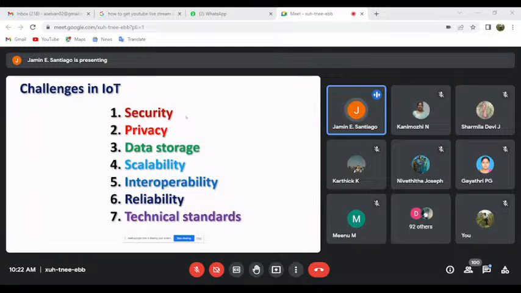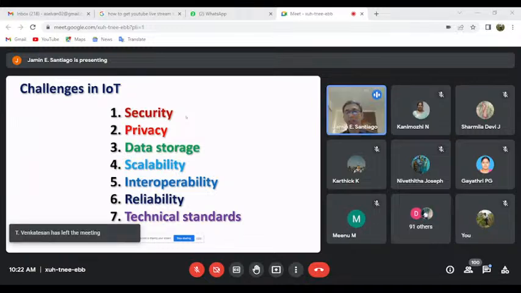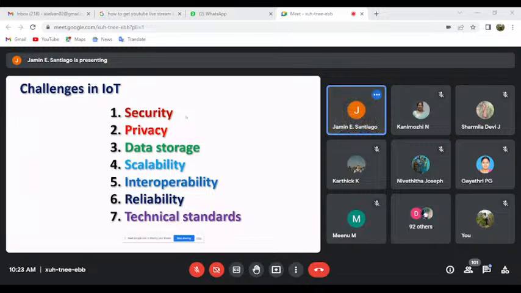Because if it can be done, it will. Imagine thousands of IoT devices whose security is compromised and being used to perform a denial of service attack on a website, or on a country's infrastructure, or on the power plants. So this is a big area of IoT. It is actually one of the biggest.